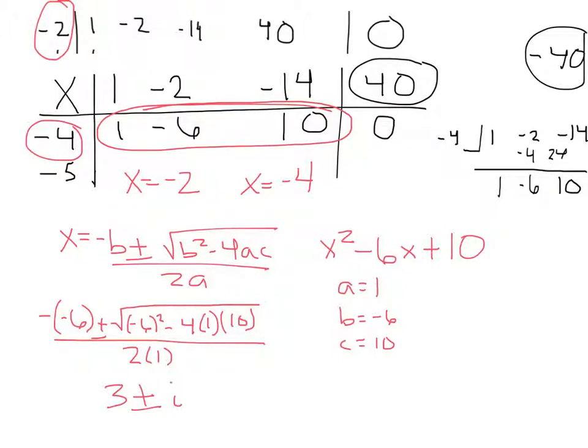So we know that the function has zeros at x equals negative 2, x equals negative 4, x equals 3 plus i, and x equals 3 minus i.